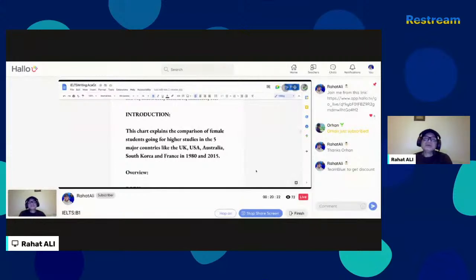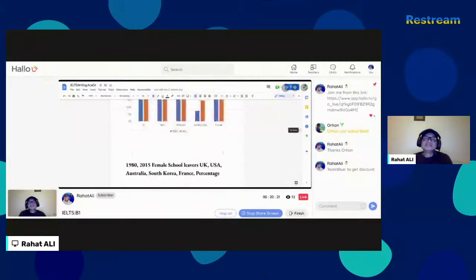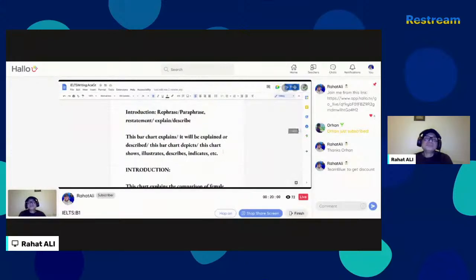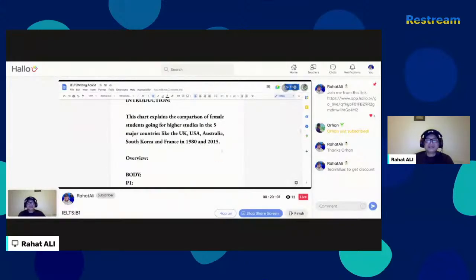As you might be aware, this chart is growing. From 1980 to 2015, it is growing upward. That means it is increasing. So in the overview section, you can write like that.